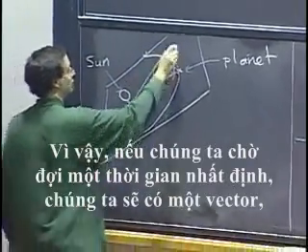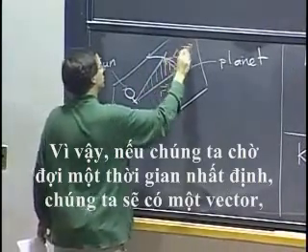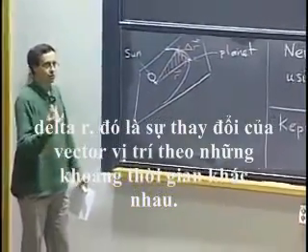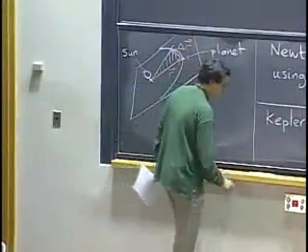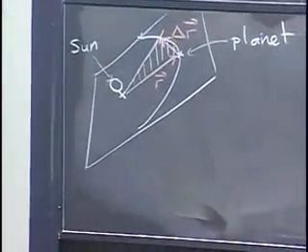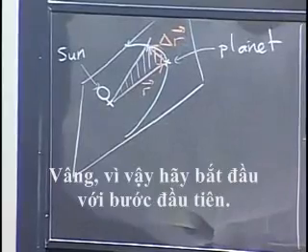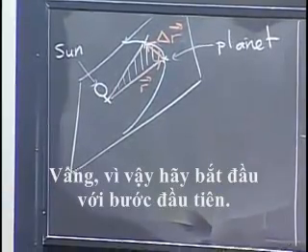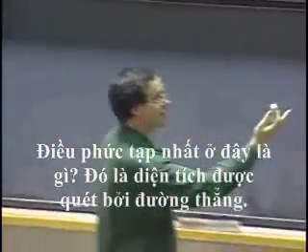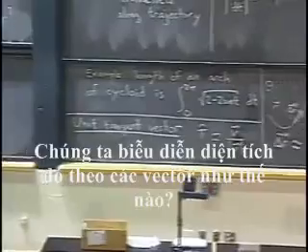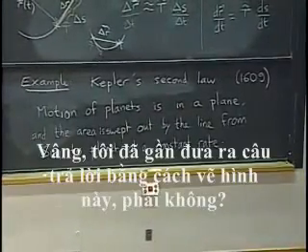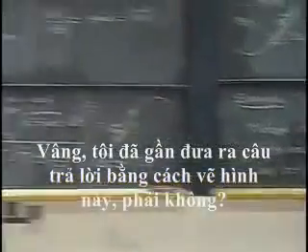So if we wait a certain amount of time, we'll have a vector delta r, which is the change in position vector over a certain interval of time. So let's start with the first step. What's the most complicated thing in here? It's this area swept out by the line. How do we express that area in terms of vectors? Well, I've almost given the answer by drawing this picture, right?